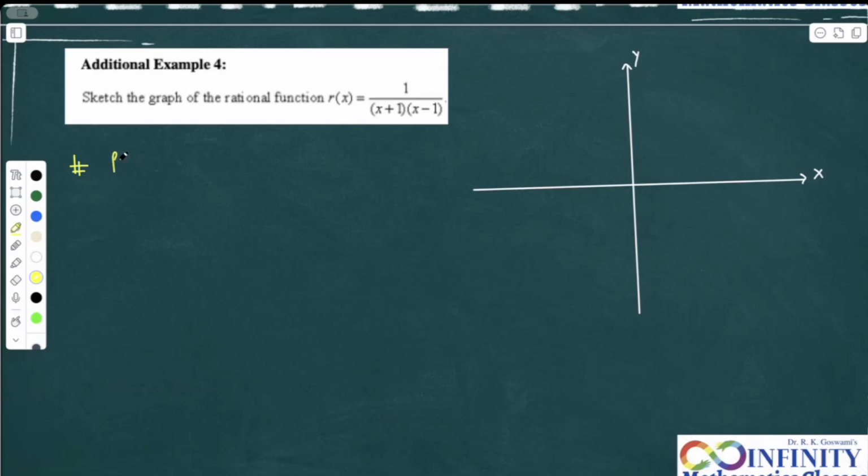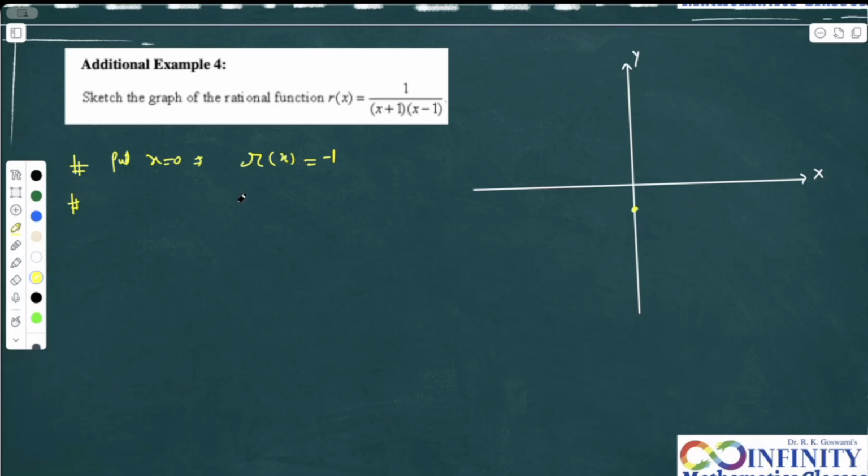So, if you put x equals 0, what is your R(x)? Is it minus 1? Yeah. So that means this is the point somewhere here.